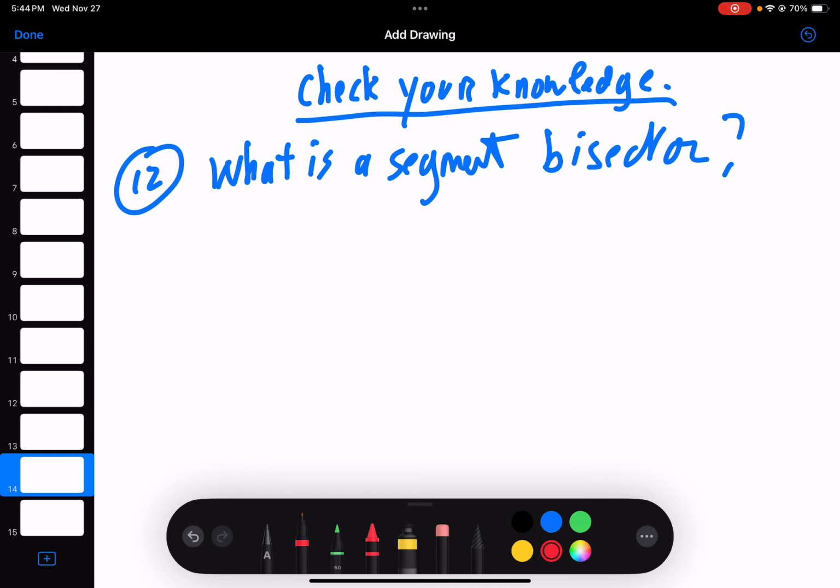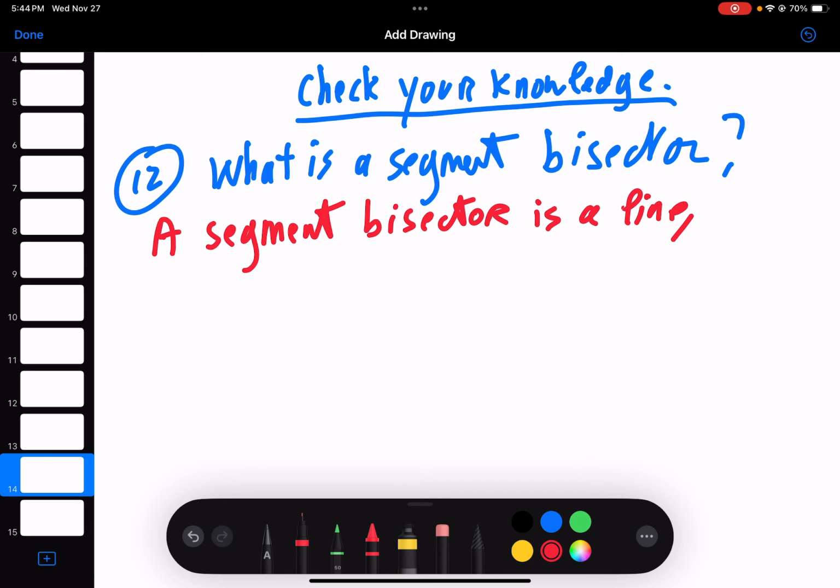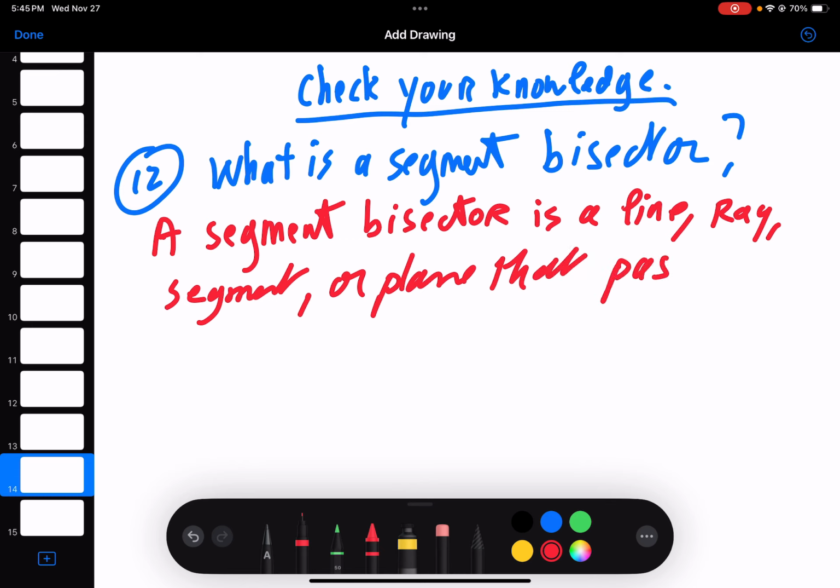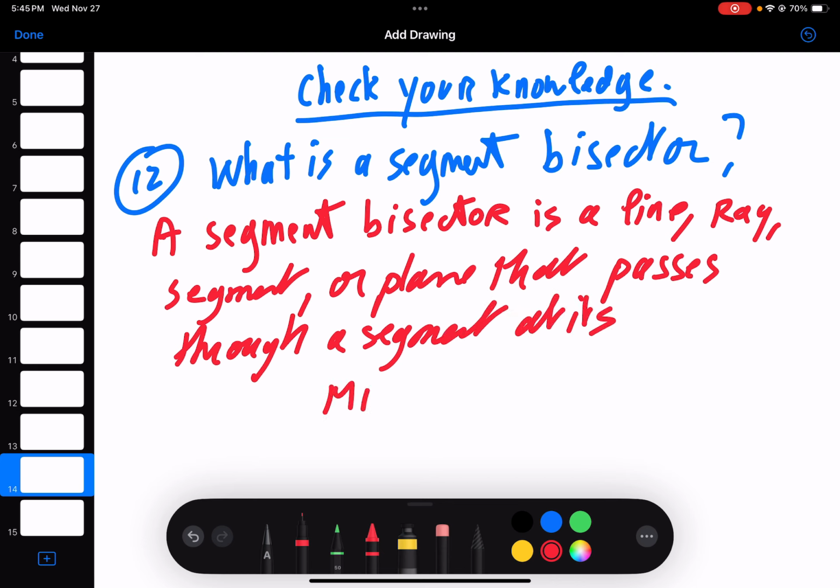So in proper math language, a segment bisector is a line, ray, segment, or plane that passes through a segment at its midpoint. There you go.